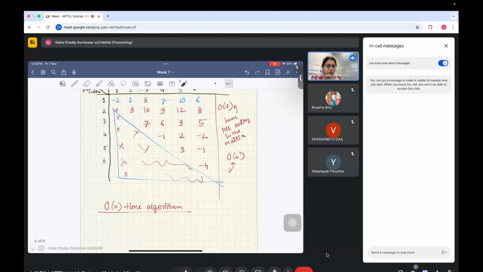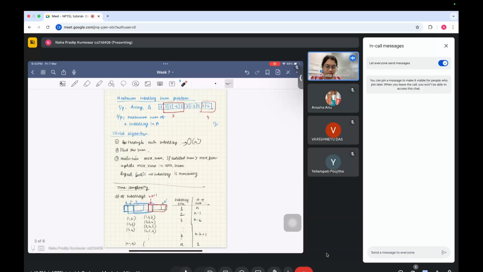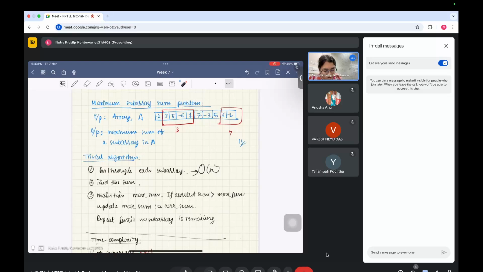Okay, so let's see how to do this. Let me just take the example first. After that, we will write the algorithm. So I'll just take this example from here.